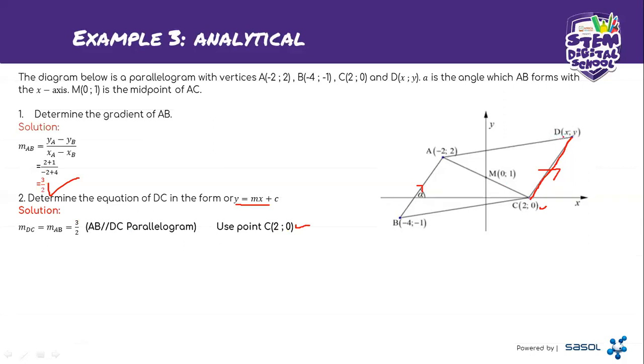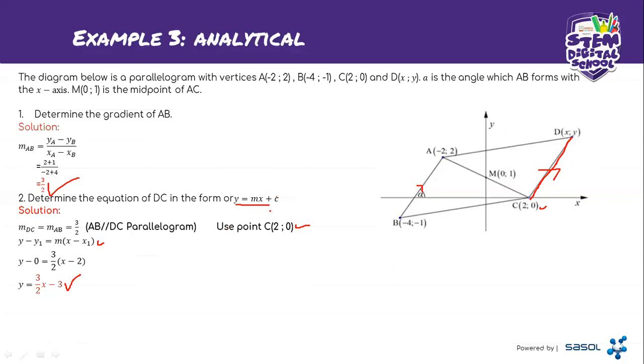For D, we don't know the x value or the y value, so it's not possible to take point D. Since we've got the gradient and the point, we write the standard equation for a straight line and substitute the values. Opening the bracket with the 3/2, it gives us y = 3/2x - 3. So this is the equation of line DC in the form y = mx + c. We have answered that question.